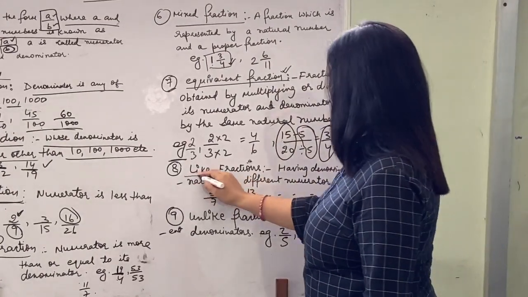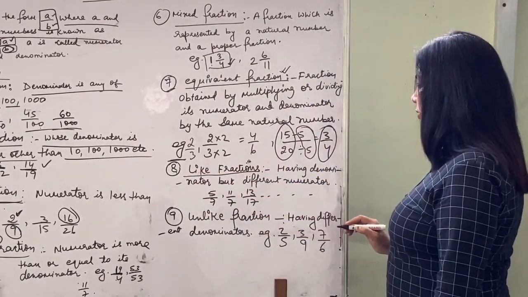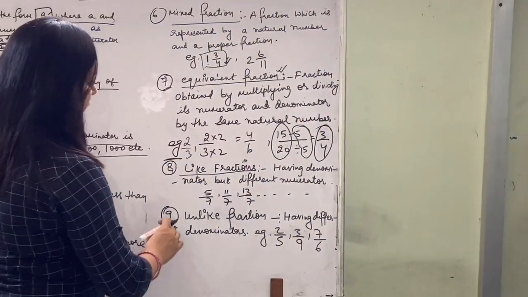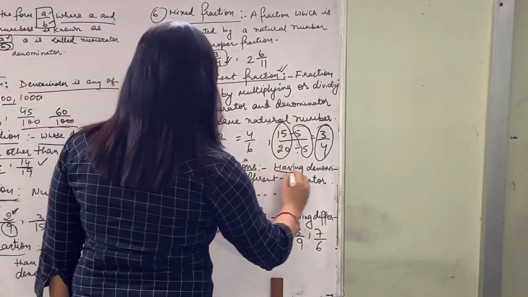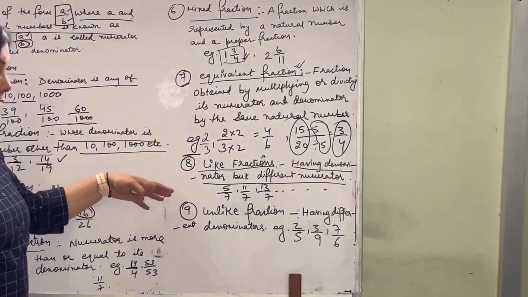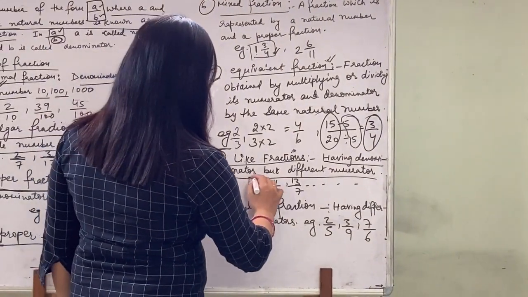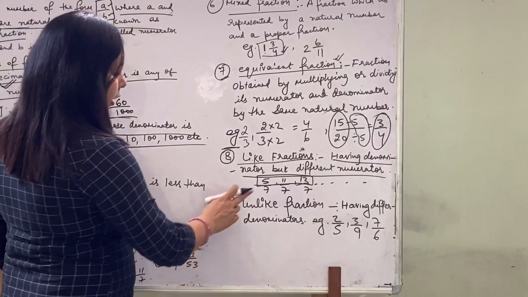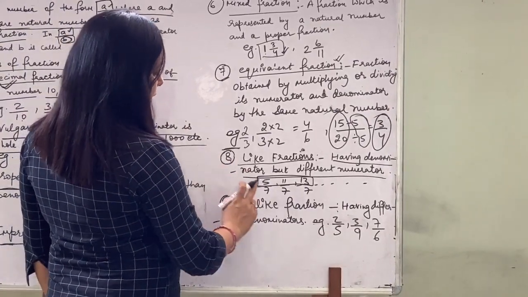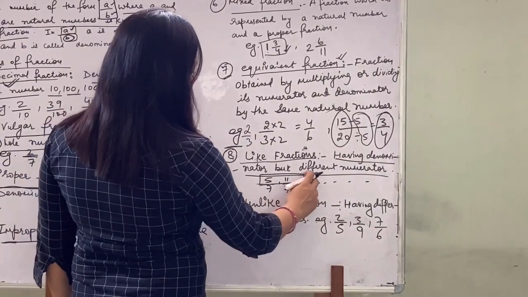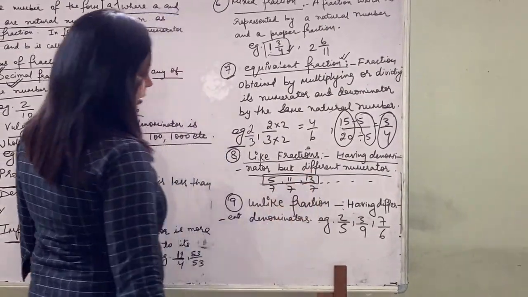Now like fractions. What are like fractions? Like fractions are fractions having the same denominator but different numerators. As you can see in all these examples: numerator 5, denominator 7; numerator 11, denominator 7; numerator 13, denominator 7.